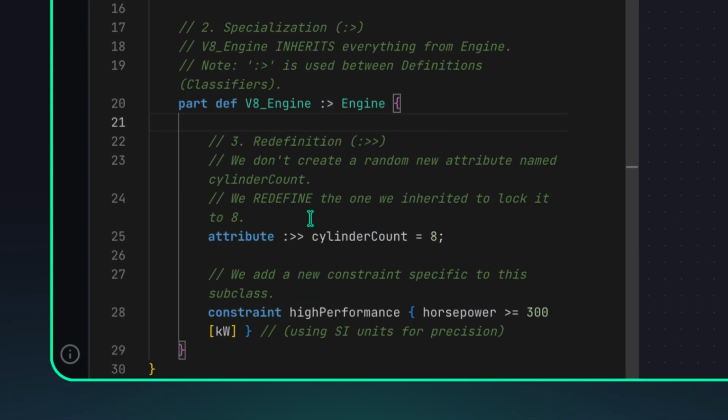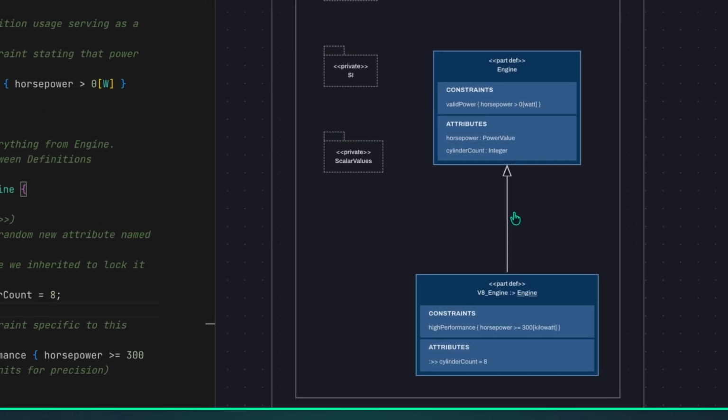Inside V8 engine, we redefine the inherited cylinder count. The colon double greater than symbol says this feature redefines the inherited cylinder count. The assignment narrows the generic engine's unspecified cylinder count to 8 for this specialized context. It does not alter engine itself.